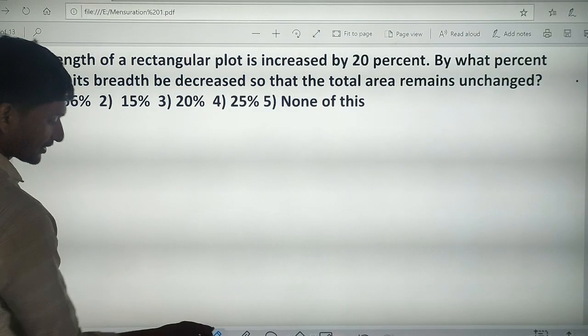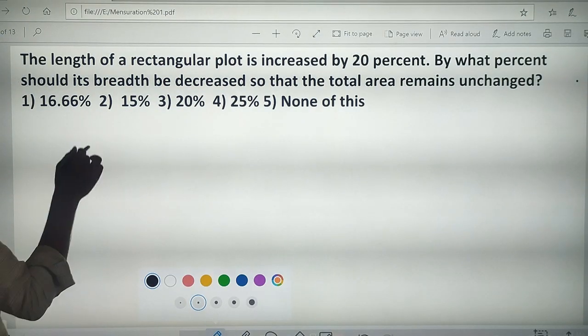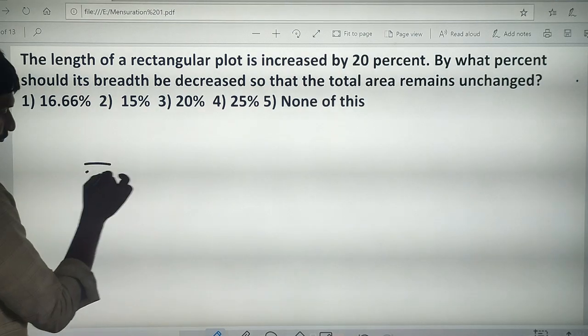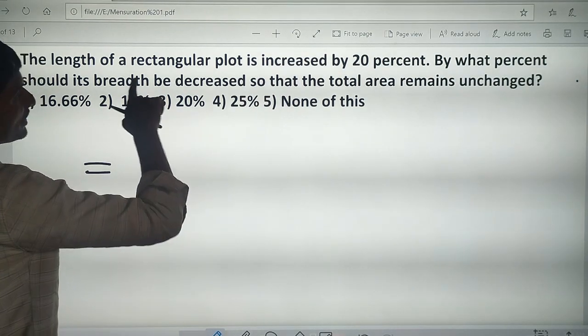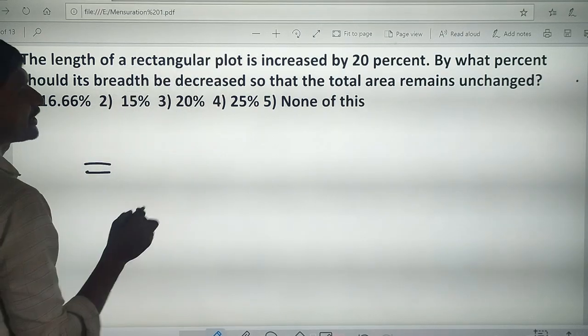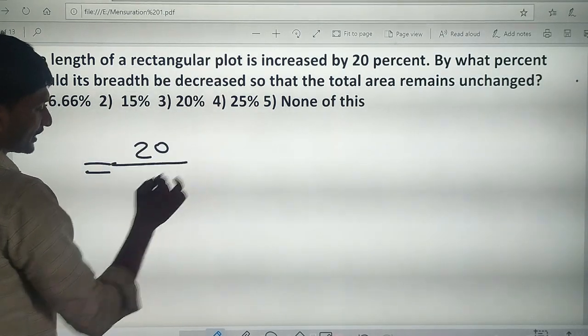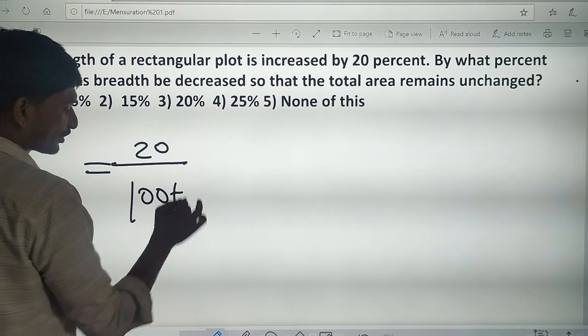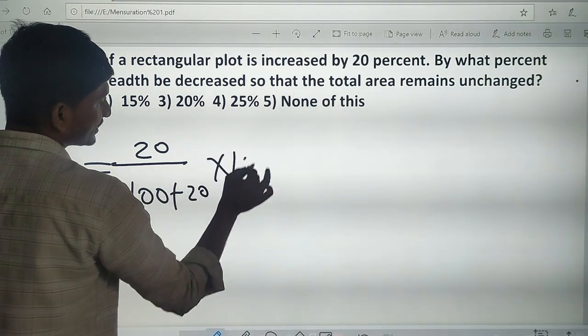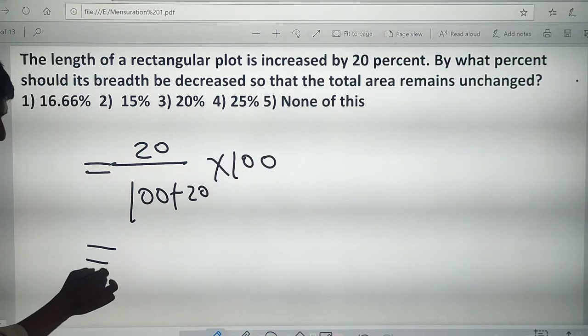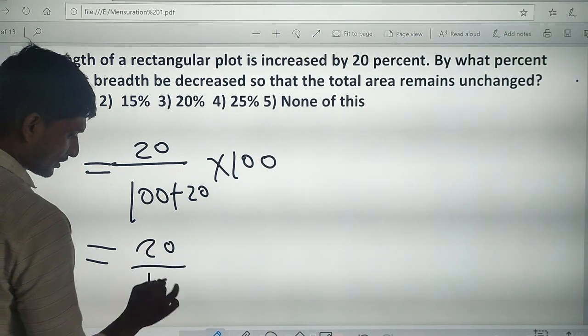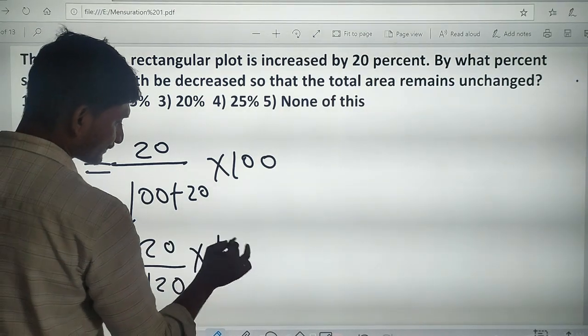This is calculated by a formula. Here your length is increased by 20%. Then 20 divided by 100 plus 20, into 100%. That is 20 divided by 120 into 100.